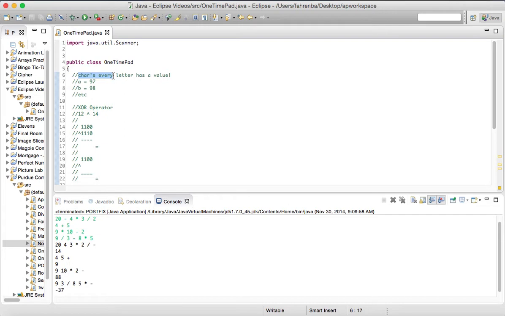The same thing happens for capital letters. All letters in the character format are in this nice numeric progression. You may be wondering what are some of the other numbers, like what about multiply and divide? The ASCII table, if you look that up, has a list of all the different values for each of the symbols. ASCII, I believe, is an 8-bit, 7-bit, I'm forgetting off the top of my head, format.